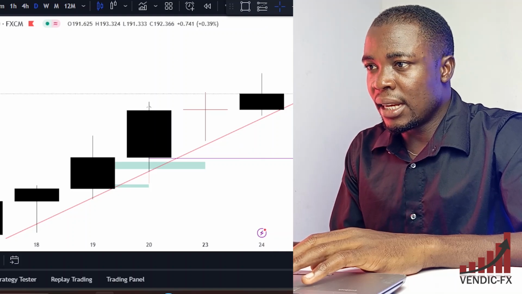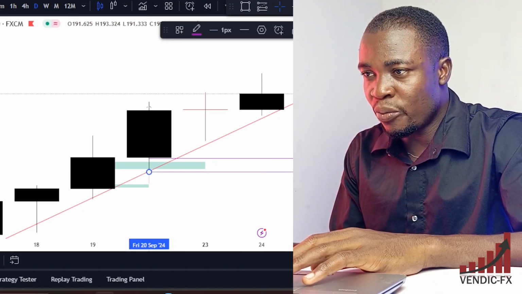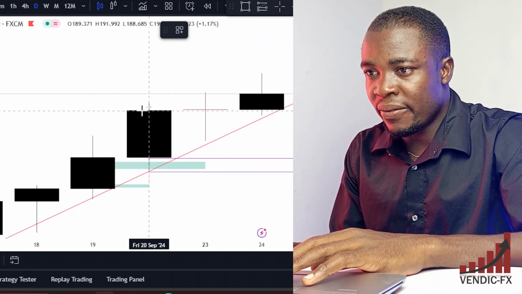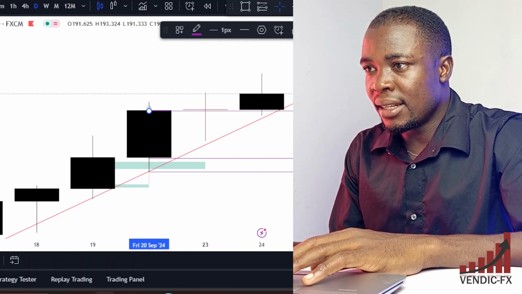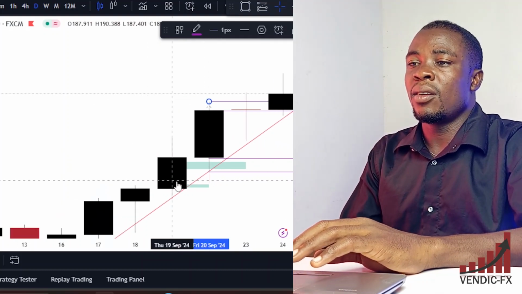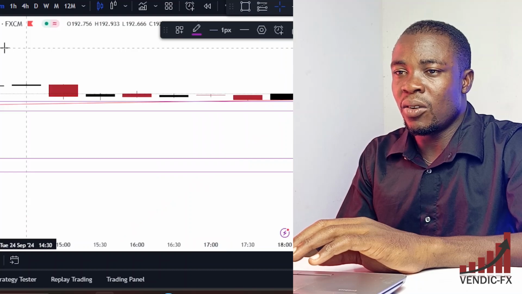This was the wick of Friday, the wick the candle printed, and this was the close of that same Friday, and then this was the wick of that same Friday. Let's take that, because I know I took a trade on Friday.